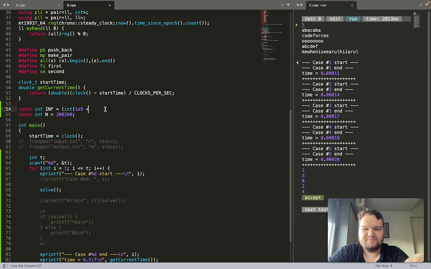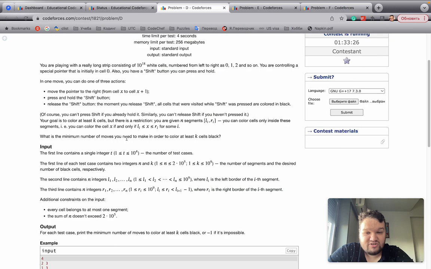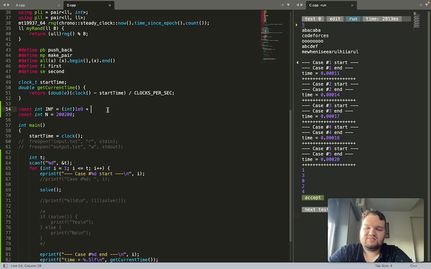So we can be sure that, if it is possible, the answer is at most the max coordinate, which is 10 to the 9th plus 2n. So I will write it like this. Now this infinity is surely strictly greater than any actual answer I can get.